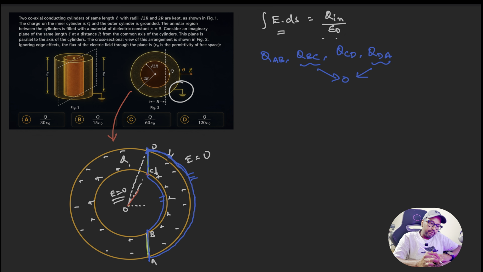So if you look at this point OC and then this particular area, then we know that this distance is r, this distance is root 2r, which means this particular angle would be 45 degrees, right? Because we know cos theta is r by root 2r, 1 by root 2, which is 45 degrees.